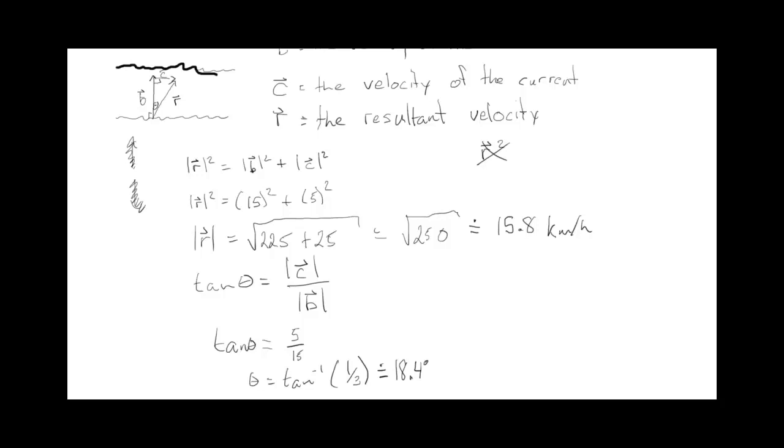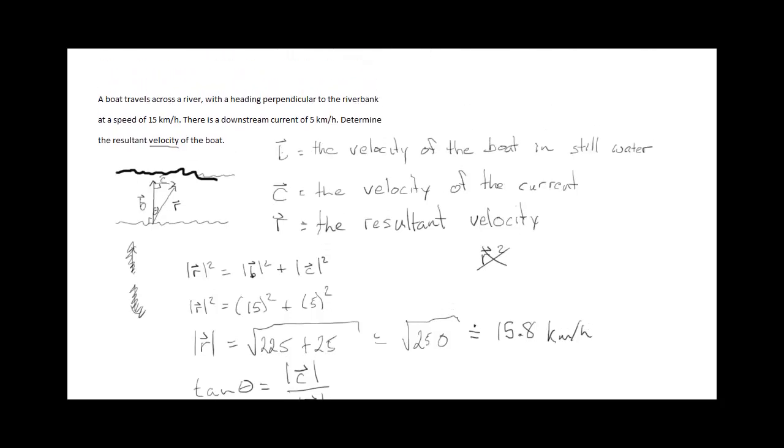Go back to the question: how did they reference the direction of the boat? They said perpendicular to the riverbank, so they gave the angle that the direction made with the riverbank. So we'll do the same thing. We want to give this angle here. So here's the resultant. We're going to give the angle that the resultant makes with the riverbank. We figured out this angle in here to be 18.4.